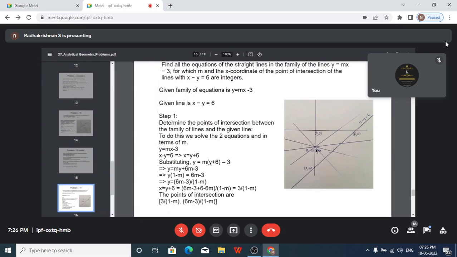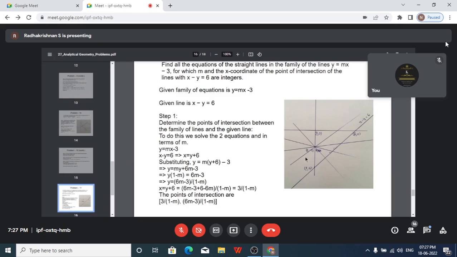So its y intercept is minus 3, so it passes through the point (0, minus 3). But m can be anything. m is a parameter; it is a variable. So you can draw infinite lines passing through the point (0, minus 3). So that is your family of lines satisfying this condition y equal to mx minus 3.